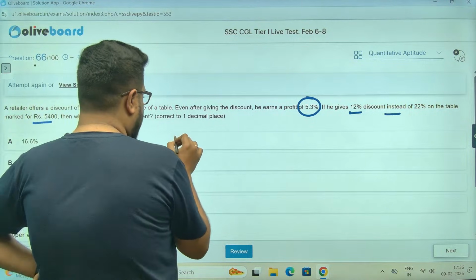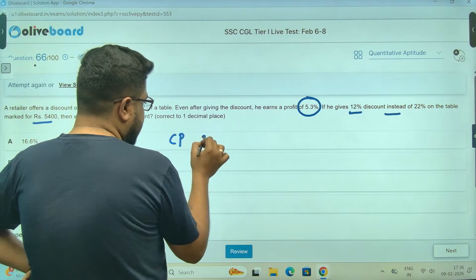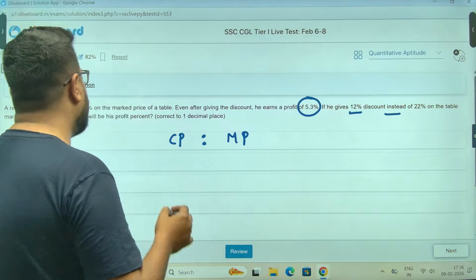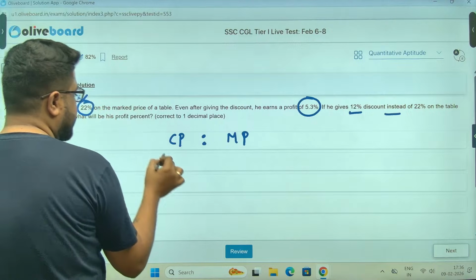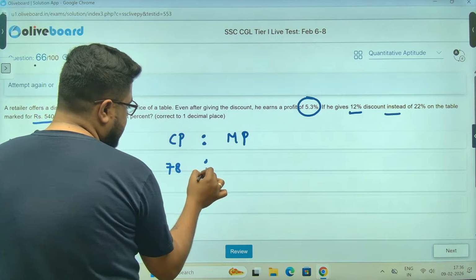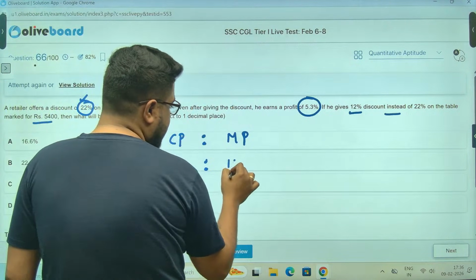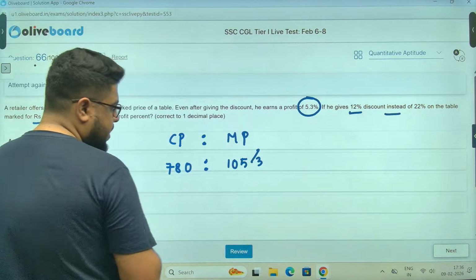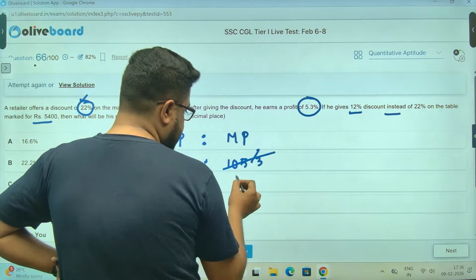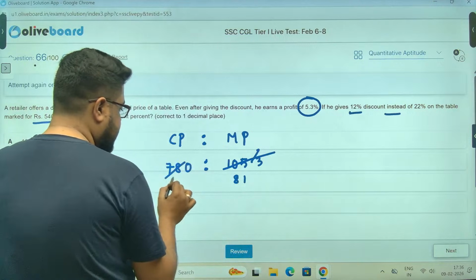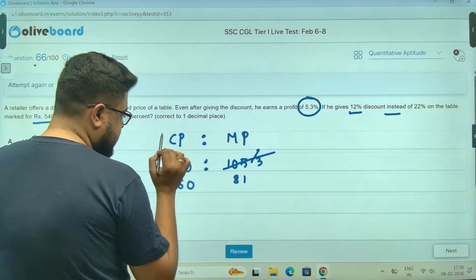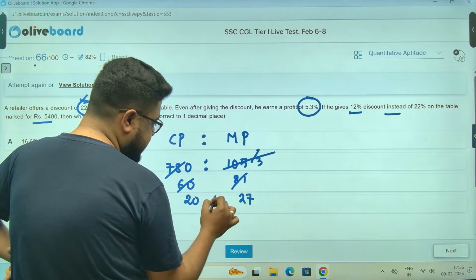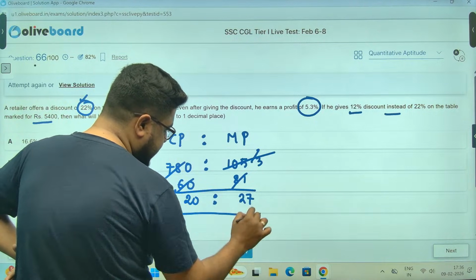CP ratio MP is 100 minus discount percentage, that is 22, meaning 78, is to 100 plus this, meaning 105.3. Get rid of this. 13 8s are this, 13 6s are this. 20, 27. Sir, CP is to MP is 20 is to 27.